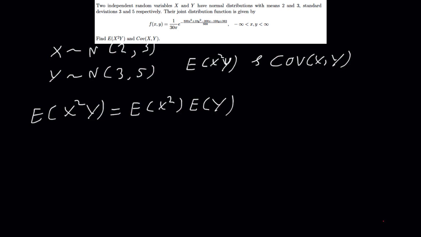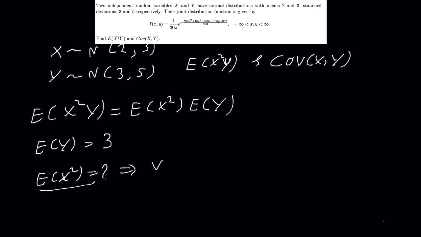Now we can find the expected value of x to power 2 and expected value of y. So what is the expected value of y? Yes, it is 3. It is given. Then what is the expected value of x to power 2? It is not given, but we can find it using this equation. Variance of x equals expected value of x to power 2 minus expected value of x, whole square.